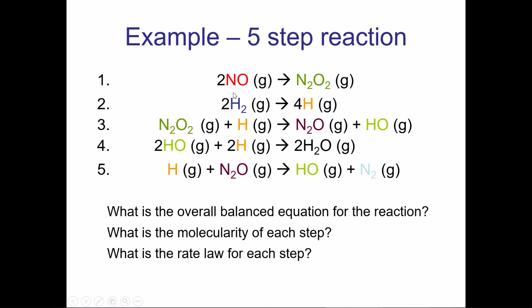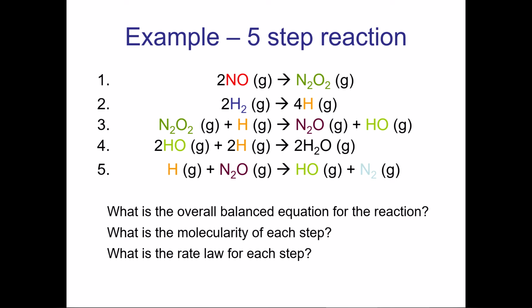Notice how that's different than step 1. In step 1, I needed both of these NOs to make N2O2. I can't make N2O2 with one NO molecule. I don't have enough. Alright, so in step 1, 2 molecules were necessary. In step 2, only one molecule is necessary. So step 2 is unimolecular.